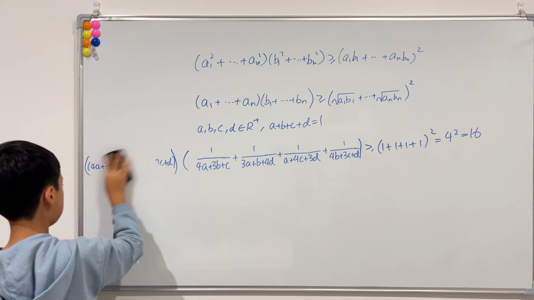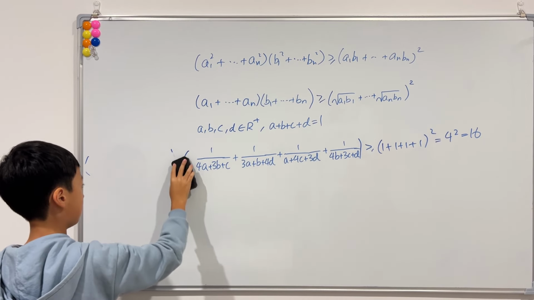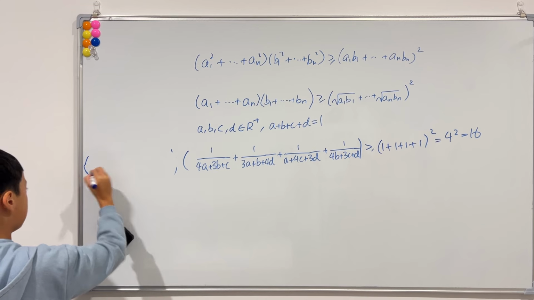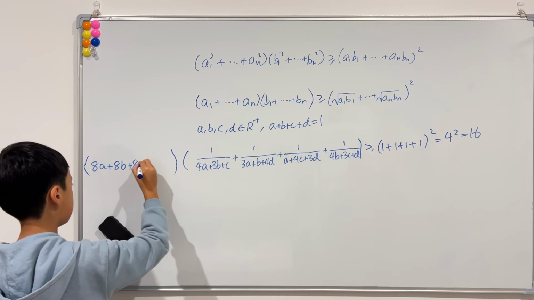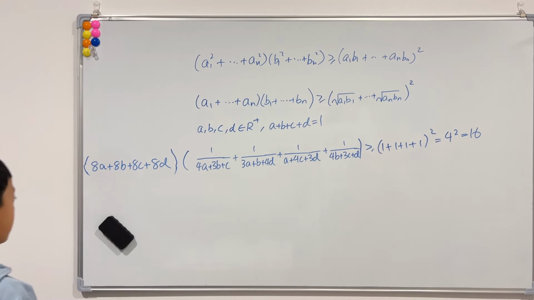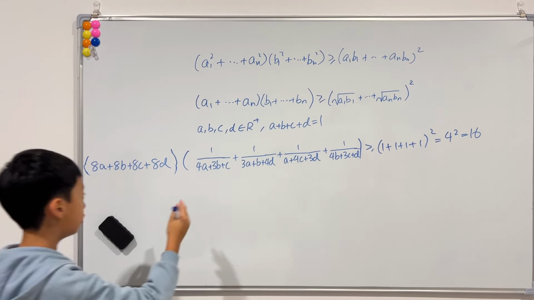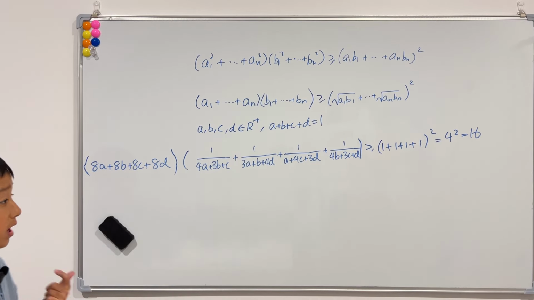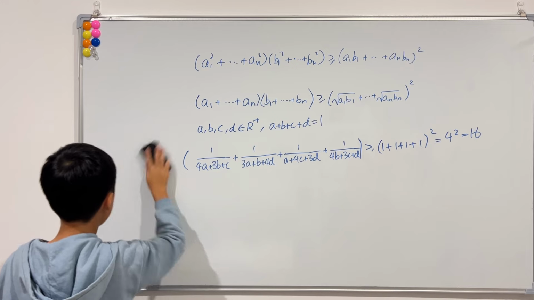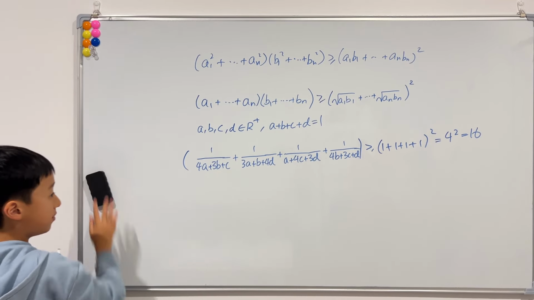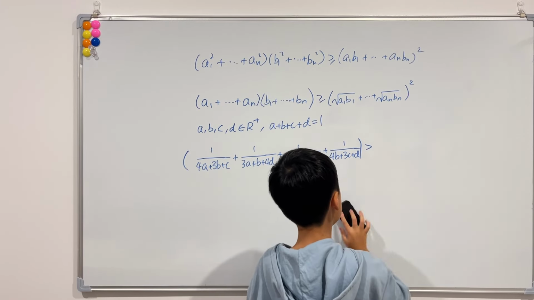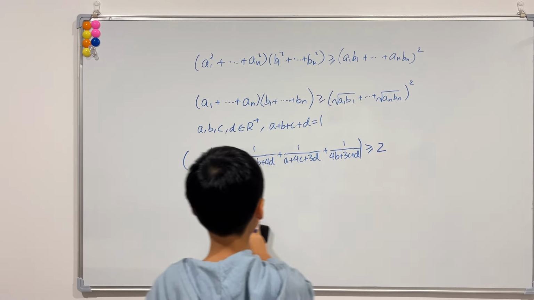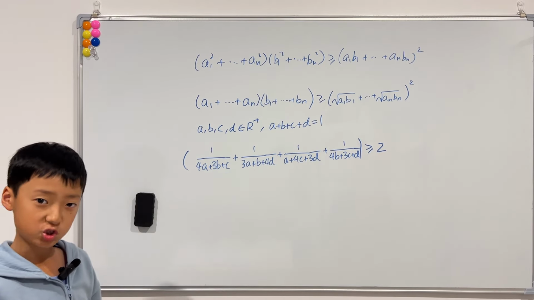So I'll just replace this with 8a plus 8b plus 8c plus 8d. And if we factor out an 8, then the inside is just 1. So this bracket is actually just 8. So if we divide the 8 to the right-hand side, then 16 divided by 8 is 2. So this is indeed greater than or equal to 2. So we have proved this question.